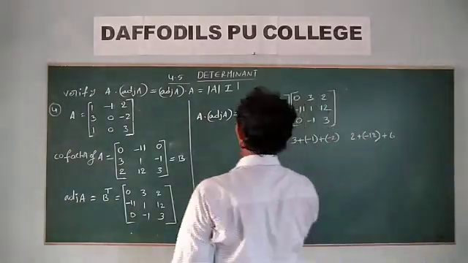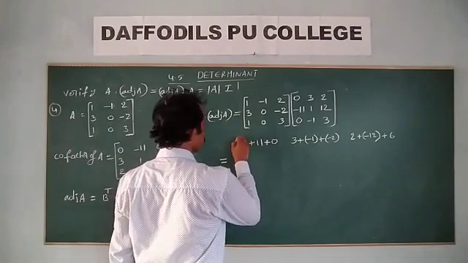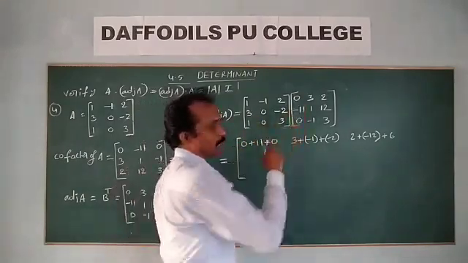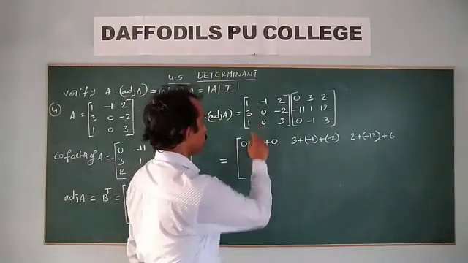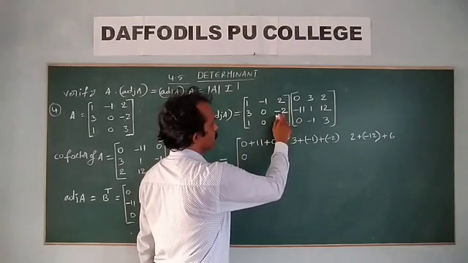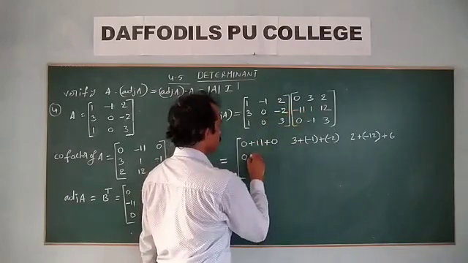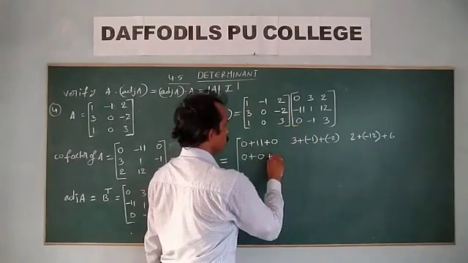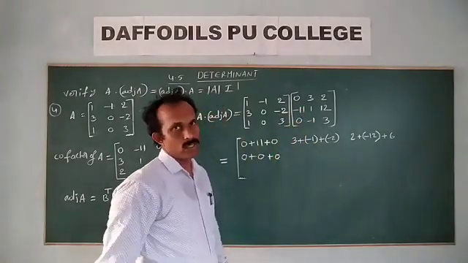So first row elements are completed. Next, second row, first column: 3 into 0, 0, 0 into minus 11, 0, minus 2 into 0, 0.